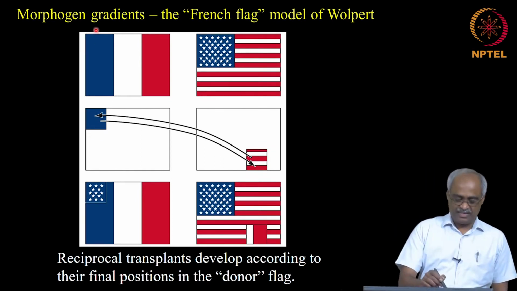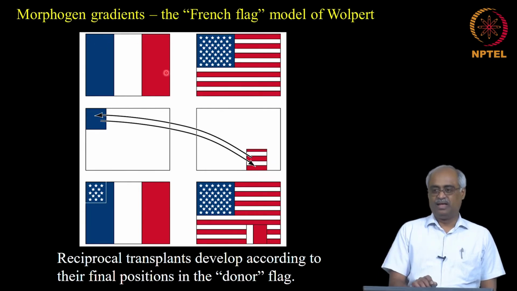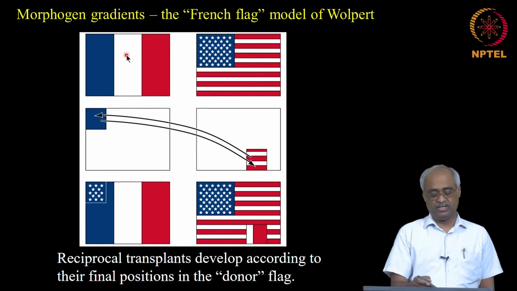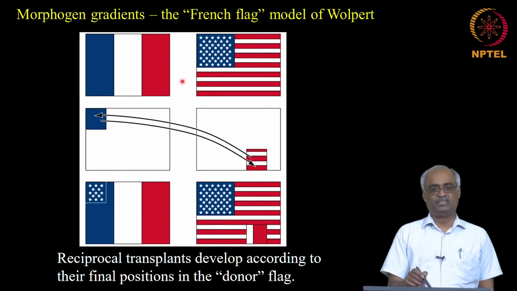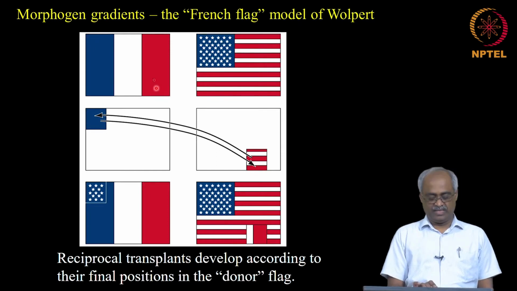So the cells here, what it means is all these cells have a certain developmental potential, where given the right instruction they could make this blue color tissue or the white color tissue or the red color tissue, and what determines that instruction is the gradient of this morphogen. So highest morphogen means the same cells will make blue, and the cells transplanted to another place, like the lowest concentration gradient, will make the red.